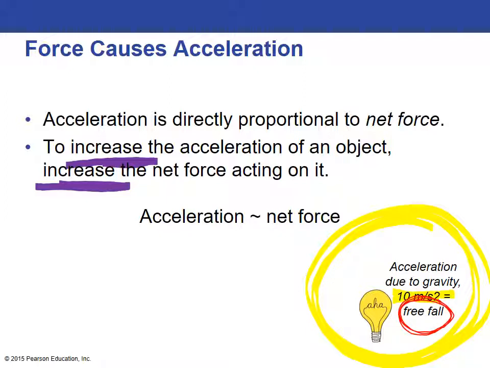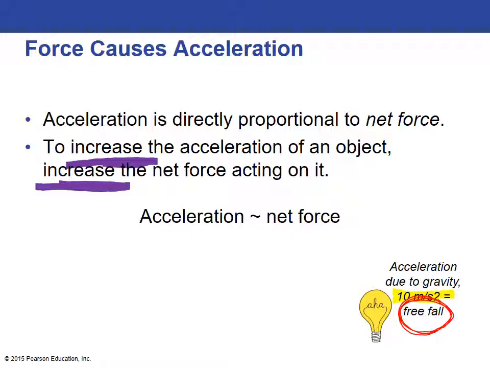So that is us dropping the rock in the well. That is us dropping something off the top of a building. That is us watching something that we've thrown up into the air lose velocity and then start falling back down again. So free fall is the case where the only force acting is the acceleration due to gravity.